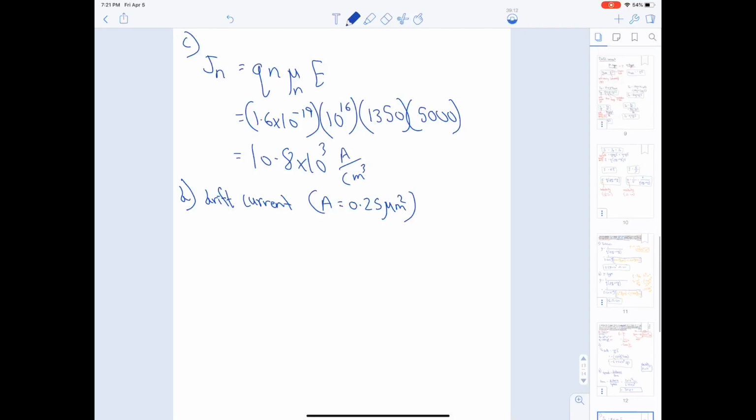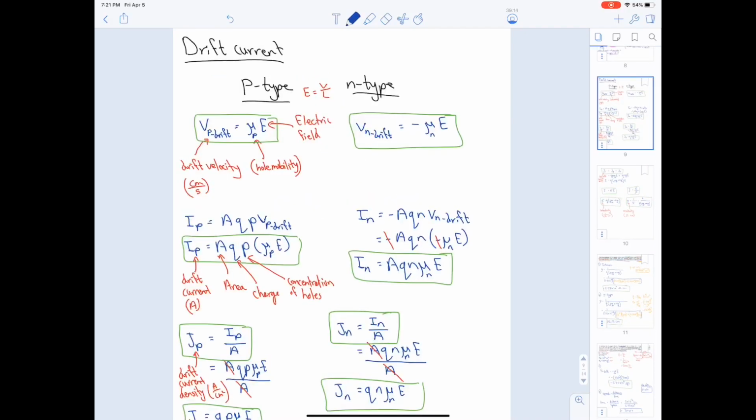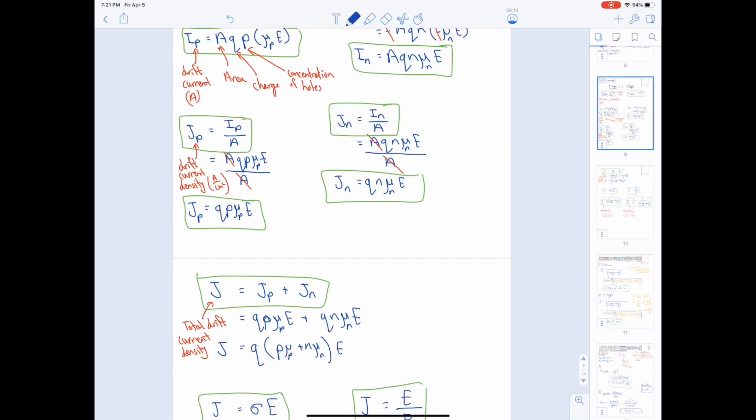So how can we calculate the current? We can calculate the current either using this equation or this equation. Now this I think will be easier. Why? Because we already calculated the Jn and we have the area, so we can calculate the In. We also can use this equation, but you will have to multiply all these terms together again, which will take time.